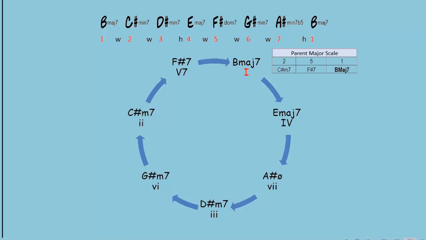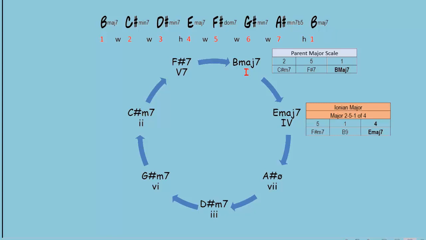So on the 1, of course, you're in the parent scale, so you'd be using the 2-5-1 of the parent scale. So the 1 and the target chord, in this case, is B major, because we're using B major as the example. So all of these chords are in the B major scale.